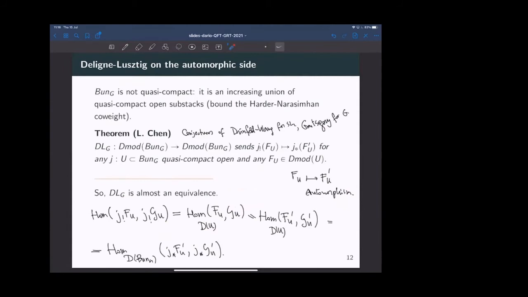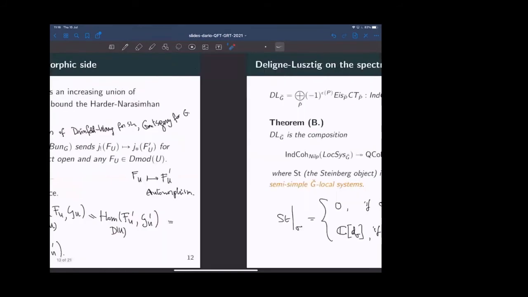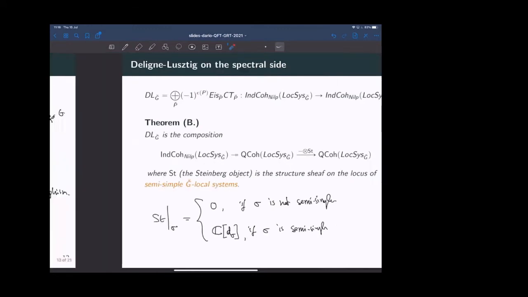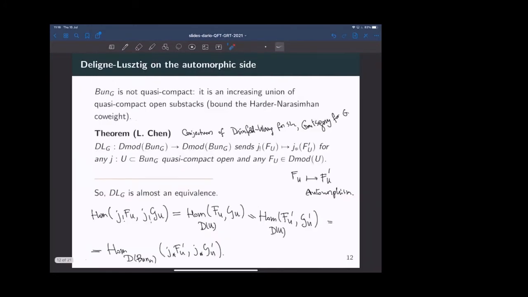Let me give you three examples of this game. We said that this is almost an equivalence. On the other hand, this one is not at all almost an equivalence. That means this one kills objects, so the one on the automorphic side must kill objects.